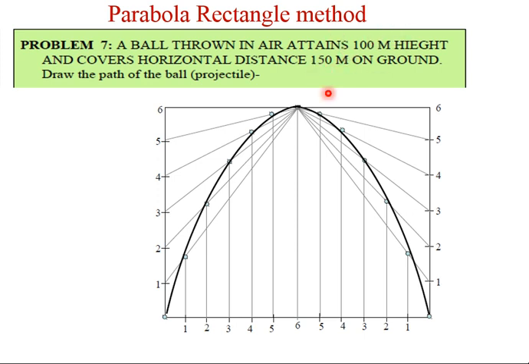Now these distances are given in meters. You need to use a scale here. That means we cannot represent 100 meters and 150 meters on our drawing paper or drawing sheet. So you need to use a scale which represents this 150 millimeter as well as this 100 millimeter in a proper manner.